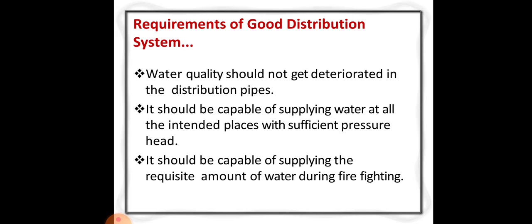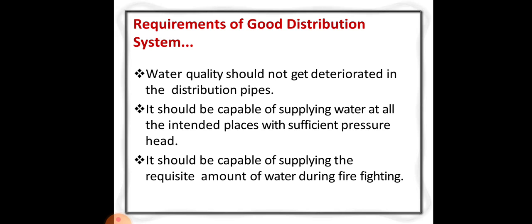And the distribution system, that is the pipe network, should be so laid that during the repair works, if any, it does not cause any obstruction to the flow of water. So at some point, maybe in a distribution system there may be a breakage or leakage in a pipe. So in that case we have to repair the pipe.